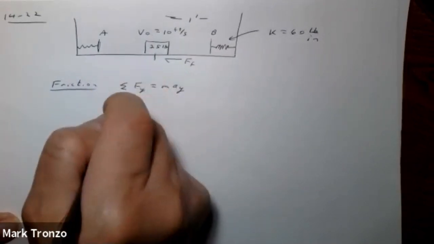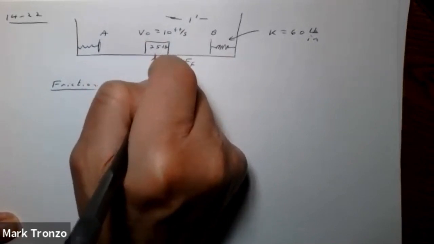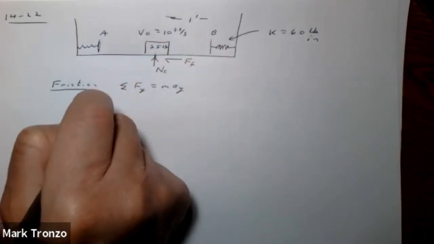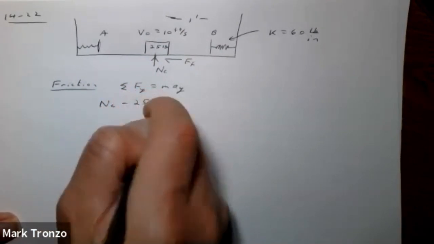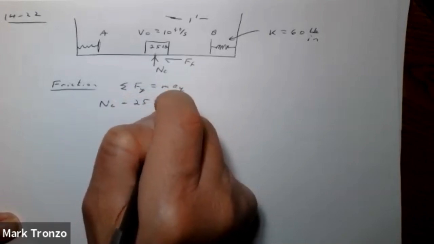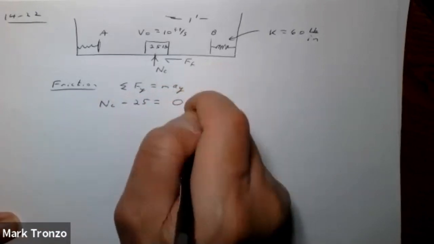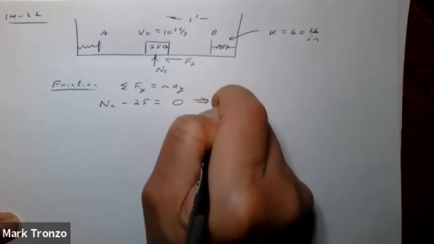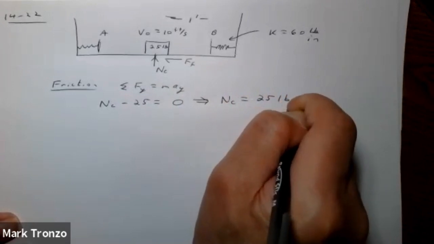So if we sum the forces and find the reaction, NC minus our 25 pounds is going to be equal to 0, there's no acceleration. So we can see the normal force is going to be 25 pounds.